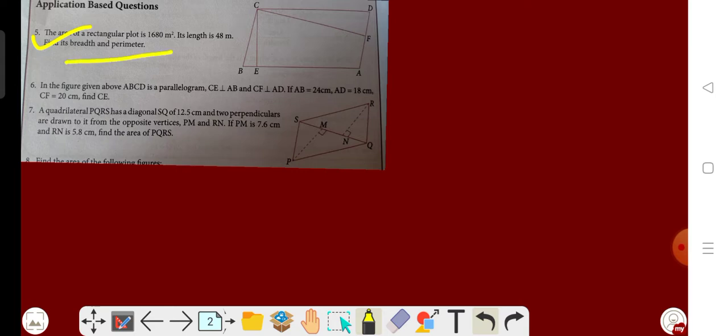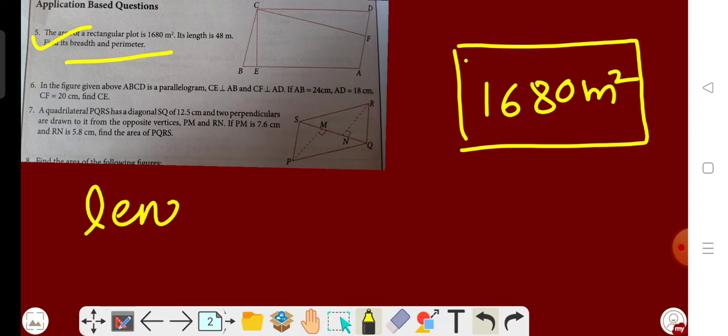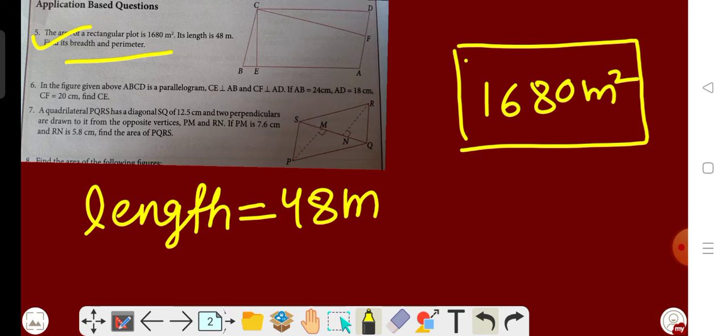Suppose this is the rectangular plot. The area is 1680 meter square. The length is given, that is 48 meter. To calculate perimeter, first of all we have to calculate breadth. So what is the formula for area?